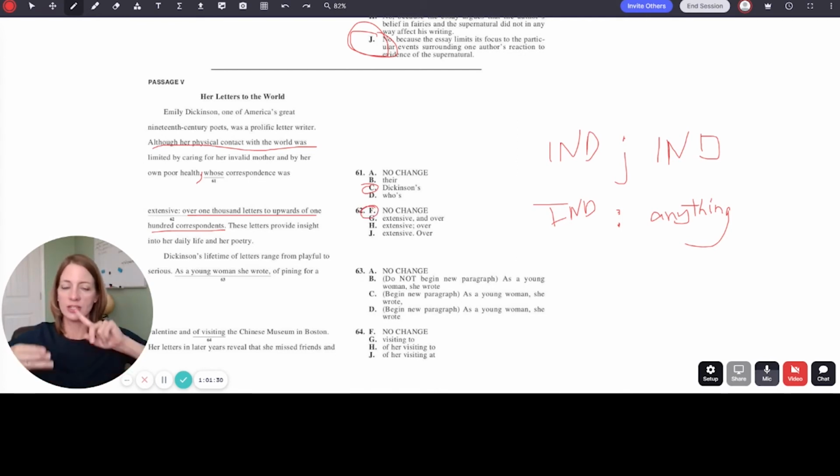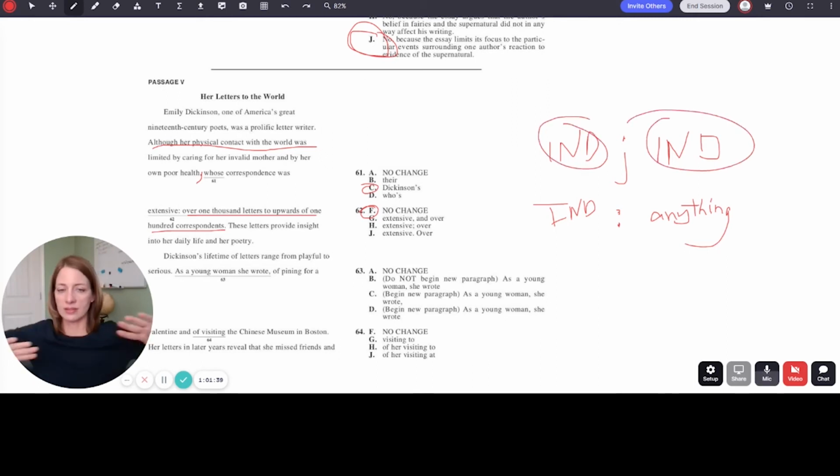G, H, J, all three of those both do this. They join independent clauses. A period and a new sentence, a semicolon, and a comma fanboy, all three of them join independent clauses. The colon is the only one where the right side could be anything, okay? So with 100% confidence, it is F.